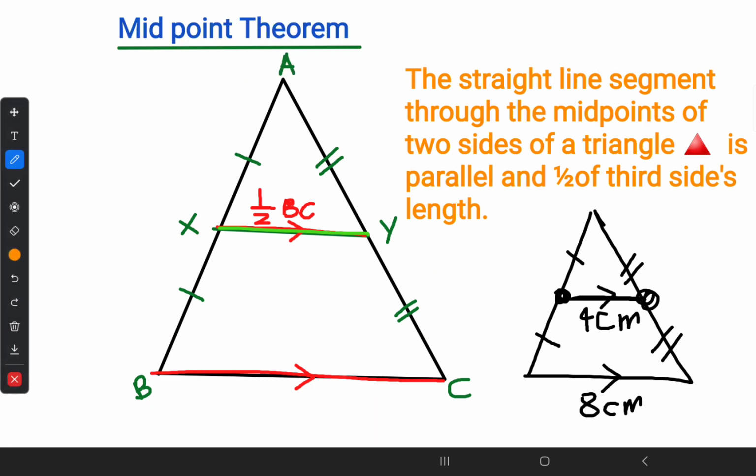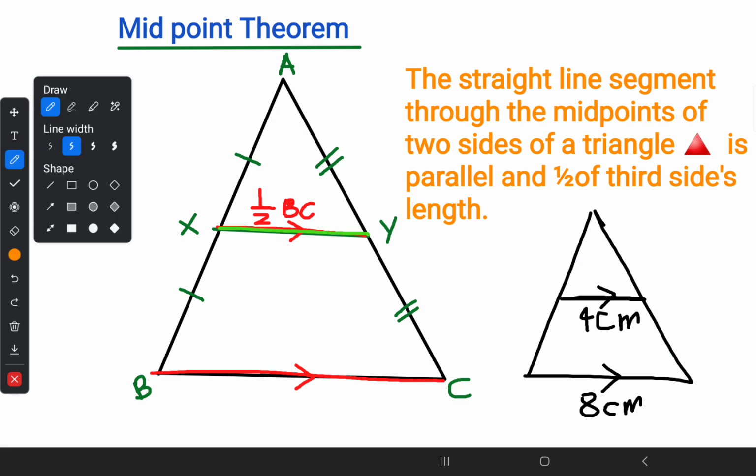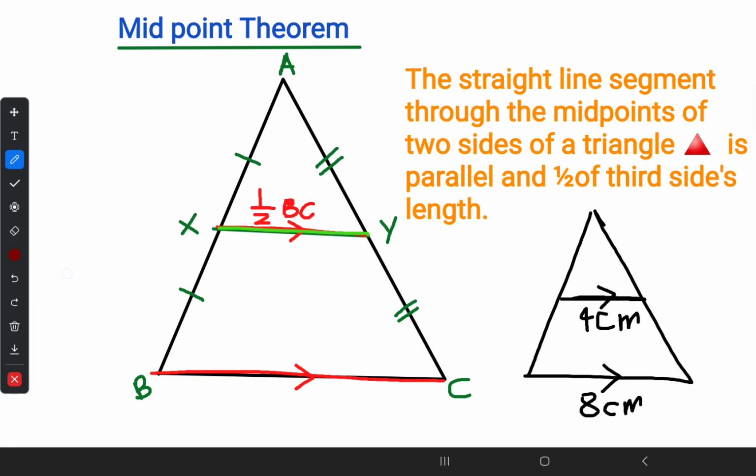The converse theorem for the midpoint theorem is: already there is no bisection or those things given. We only know that these two sides in this construction are parallel, and when I use my straight edge ruler to measure the length, it is 8 centimeters and 4 centimeters. Now look at this. The converse theorem of the midpoint theorem is applicable here.